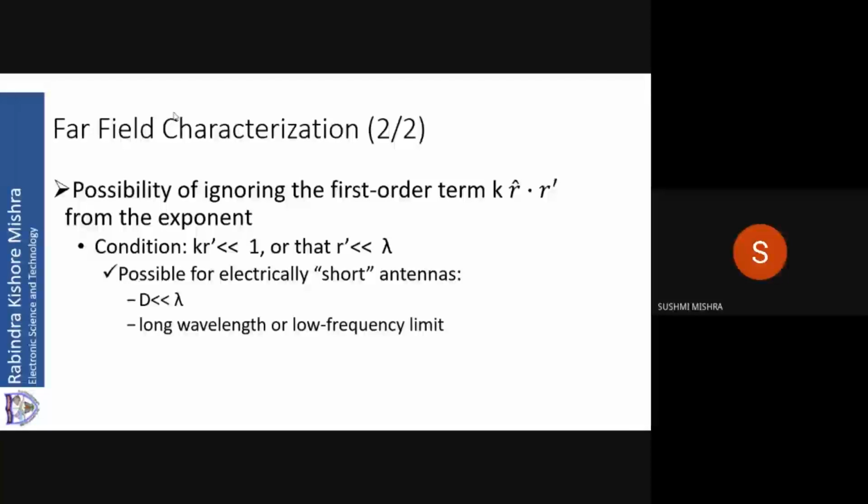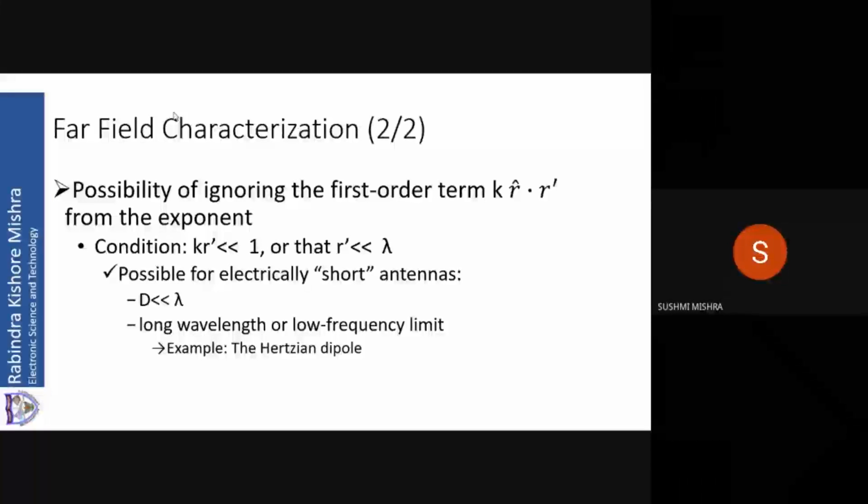If D is much less than lambda, then we are dealing with long wavelength or low frequency limits. Wavelength is very large or frequency is very small. In those limits, this is possible.